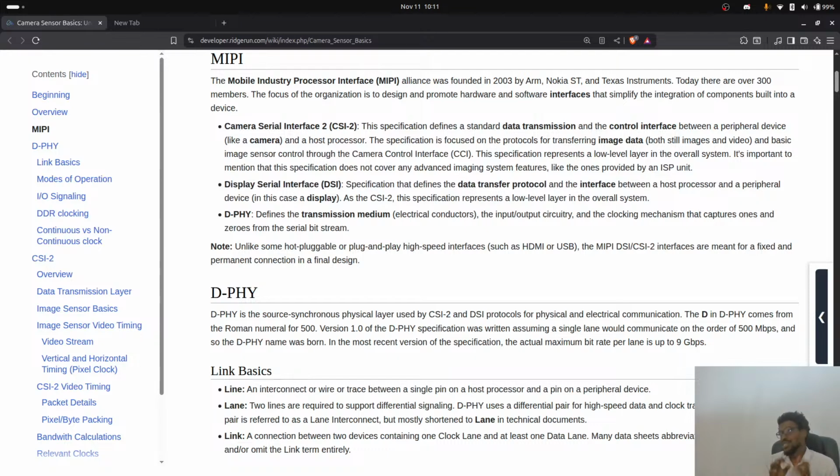So the display serial interface defines the data transfer protocol and the interface between a host processor and a peripheral device, in this case a display. And then there's a camera serial interface, which is a CSI interface, and this also defines the control interface. So there's two sorts of interfaces.